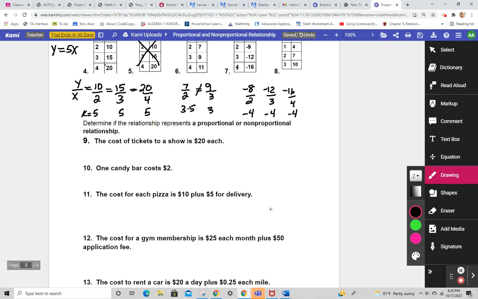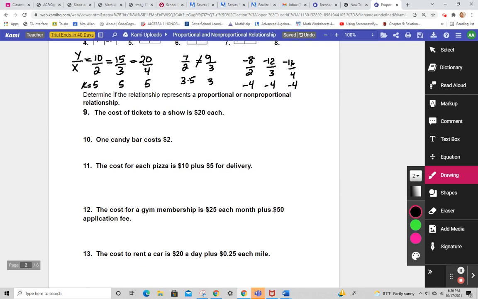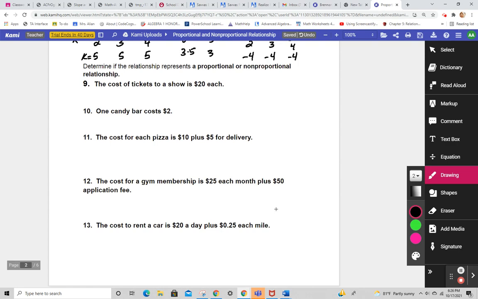Determine if the relationship represents a proportional or non-proportional relationship. The cost of tickets to a show is $20 each. Well, you can actually use a table to make more sense of that. X, Y. If you buy one ticket, it's $20. If you buy 2 tickets, it's $40. If you buy 3 tickets, it's $60.